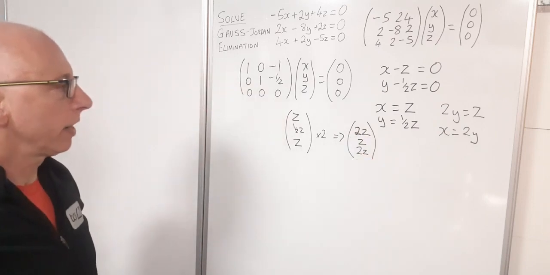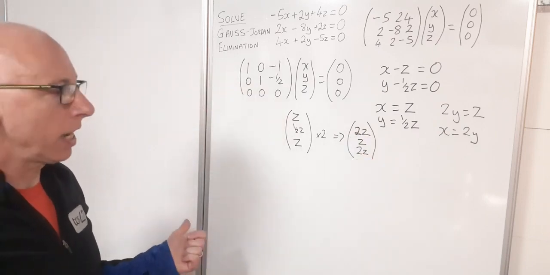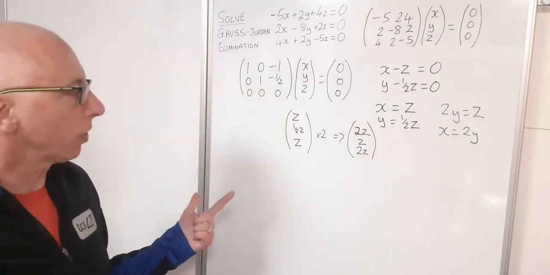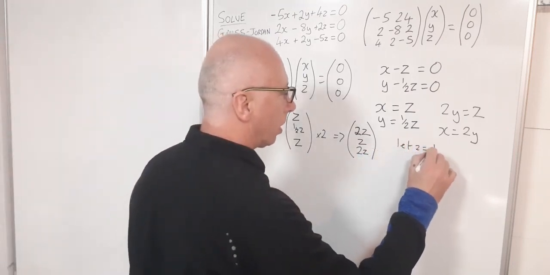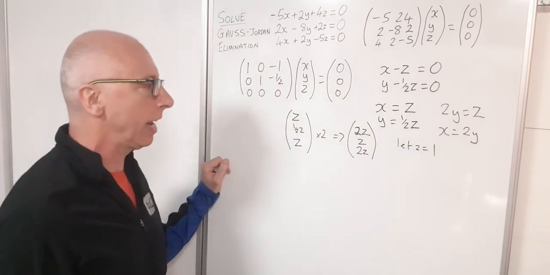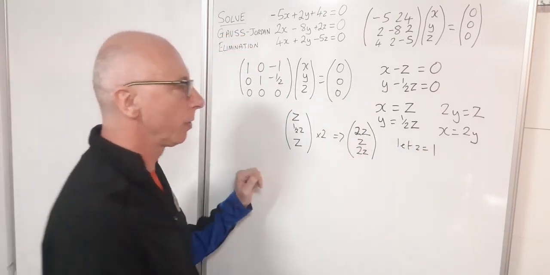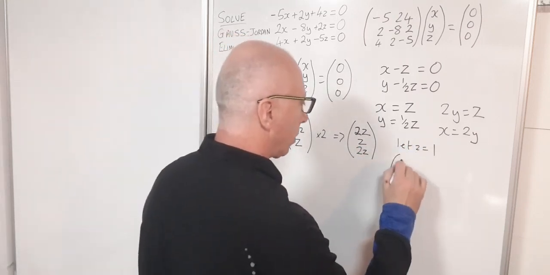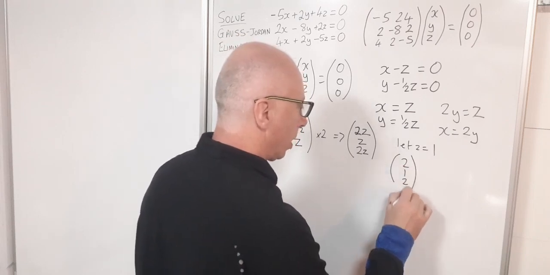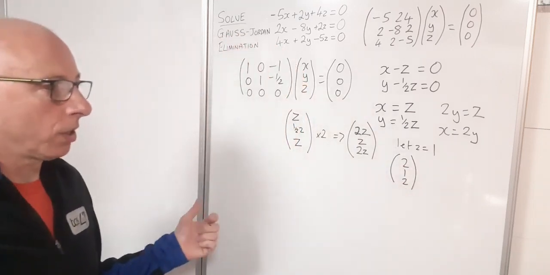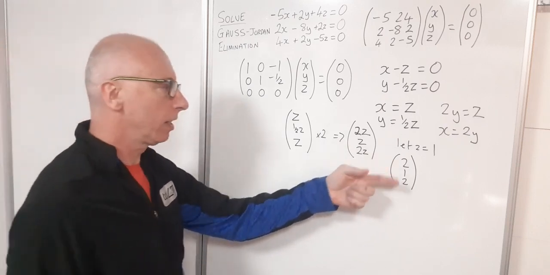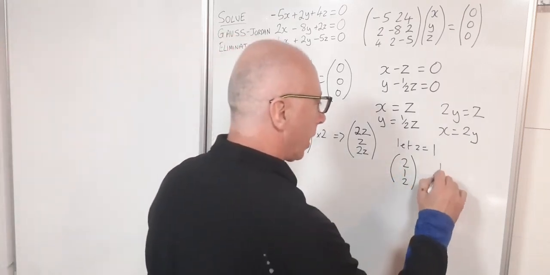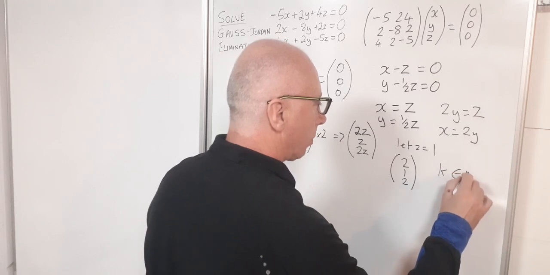Okay, right, let's just imagine z equals 1, so let z equal 1. So now my matrix would be 2, 1, 2. So therefore what I can do now is put in the value of any variable k, where k is in the real numbers.